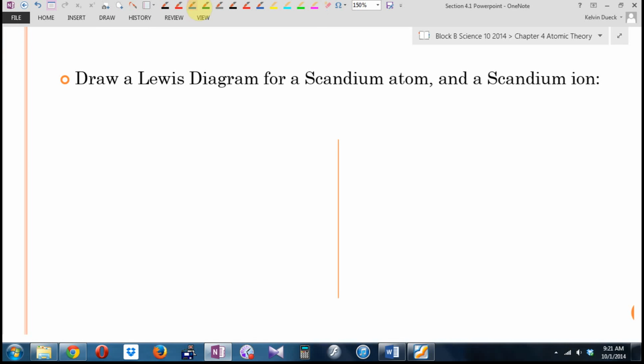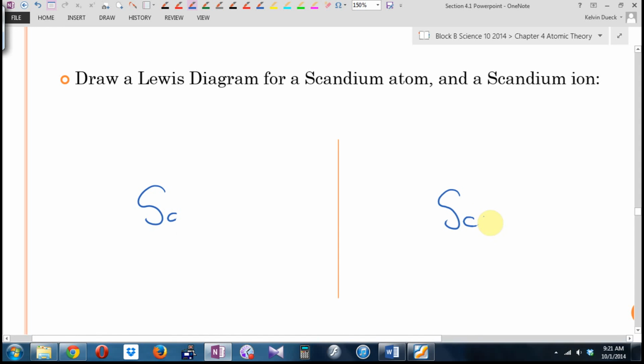Capital S, lowercase c. The atom: count over from the left. How many electrons are there in its outer shell? 1, 2, 3. Good enough. So that's a scandium atom with 3 electrons in its outer shell.